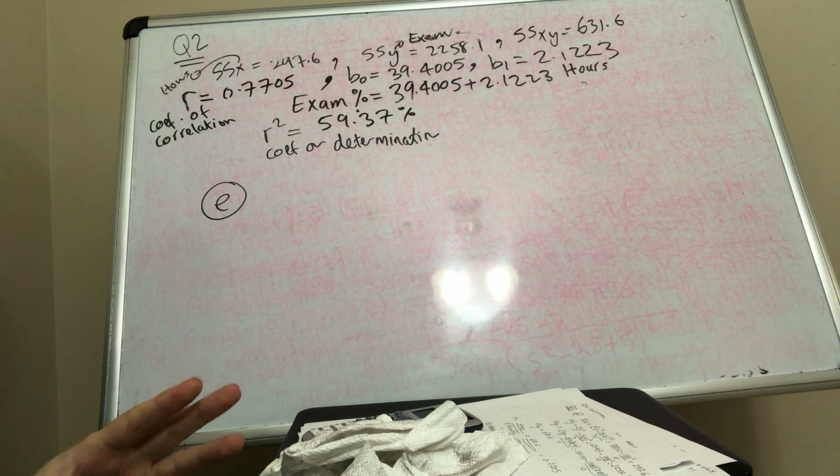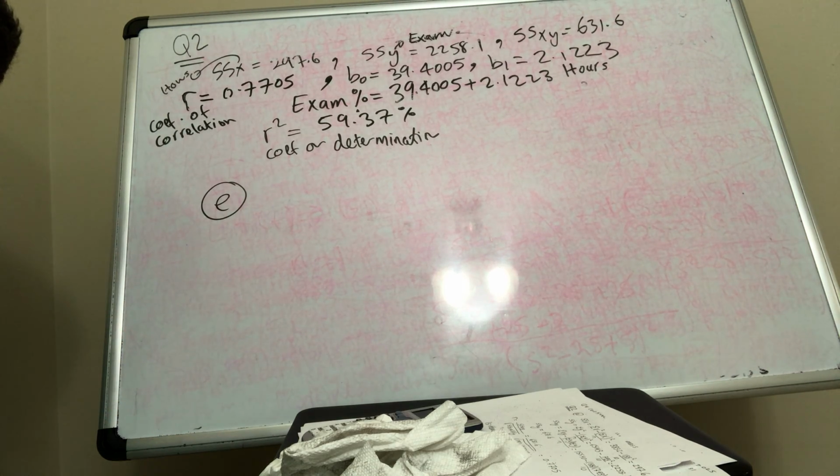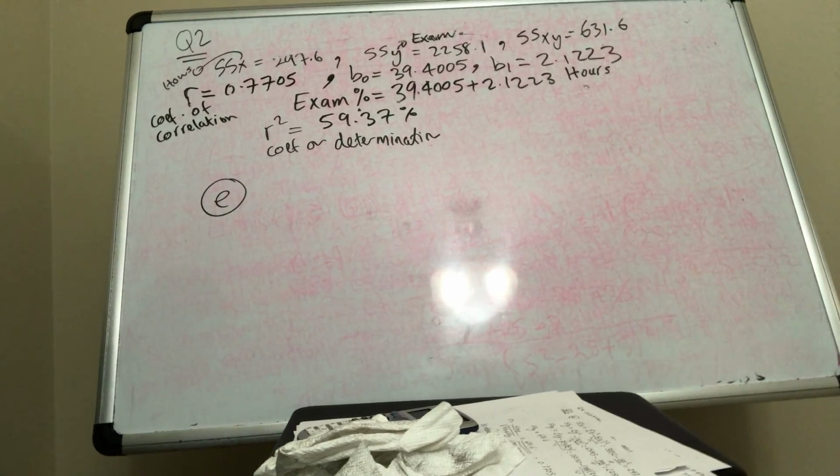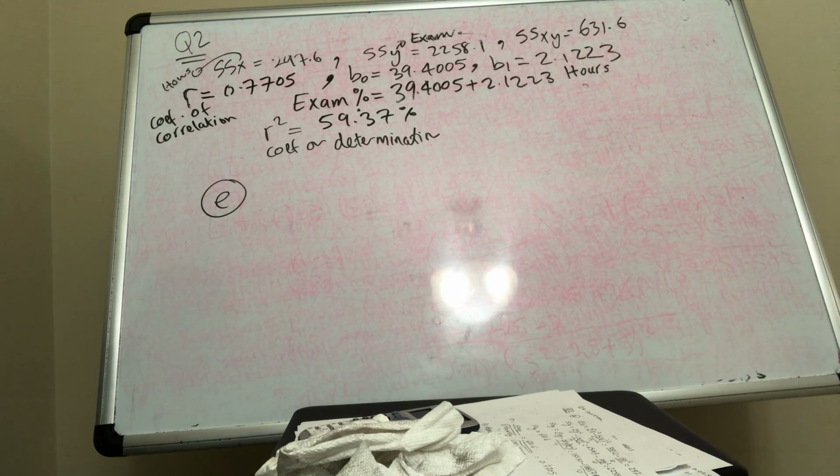Not exactly. You need to go back to the table. Is 25 hours within range of allowable hours? If you go to the table, the minimum number of hours you have is 8, maximum is 26. So 25 is good. It's within. You can plug it in.